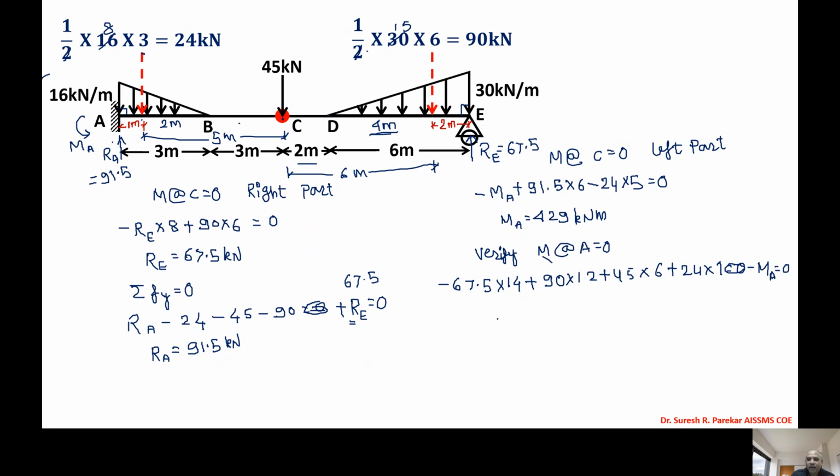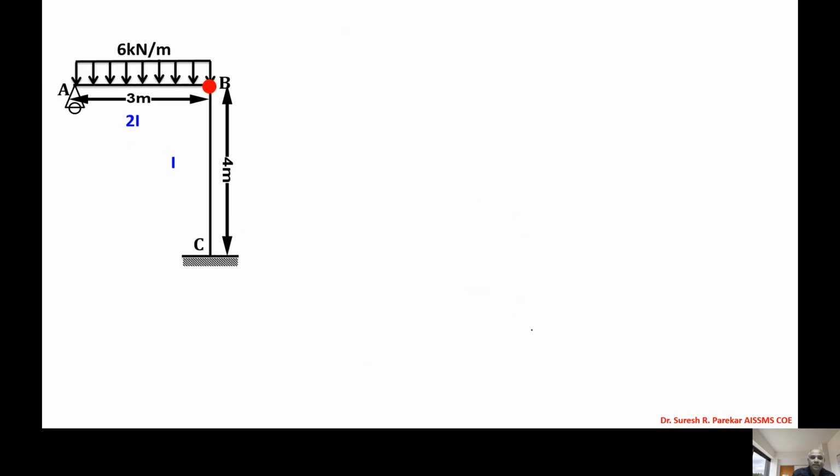And from this we will get value of MA that is equal to 67.5 into 14 plus 90 into 12 plus 45 into 6 plus 24. So same value we got from here also, 429 kilonewton meter. So you can take from any way, you will get values correctly.